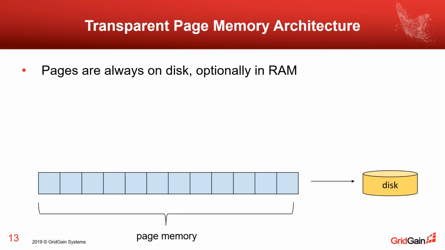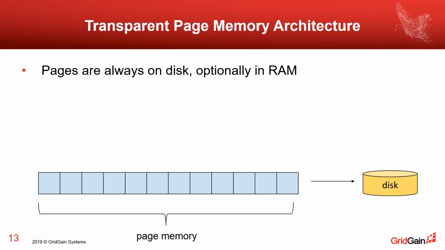There is such abstraction as a page, and every piece of data that is stored in your in-memory system is actually stored in a page. And page is a transparent abstraction, and it can be present or not present in RAM, but page in durability mode is always present on disk.